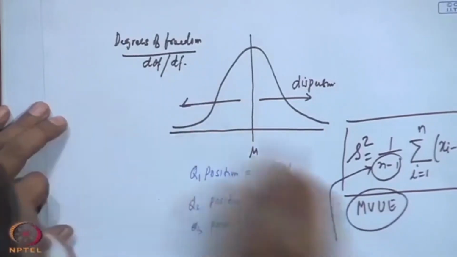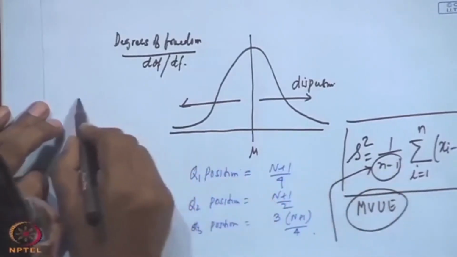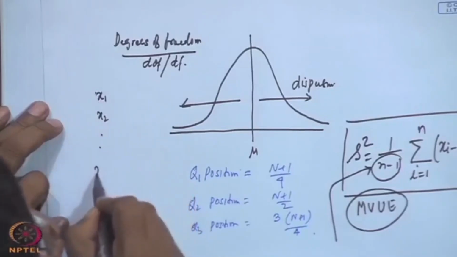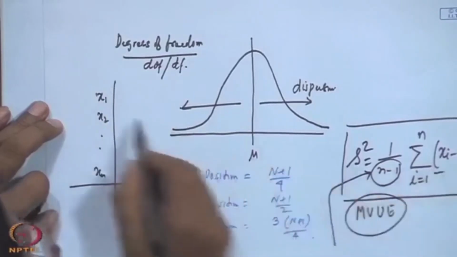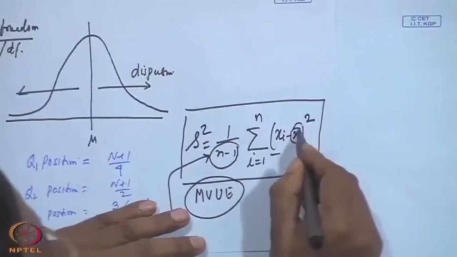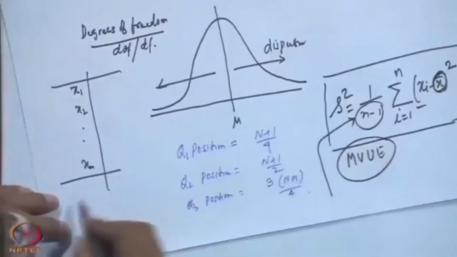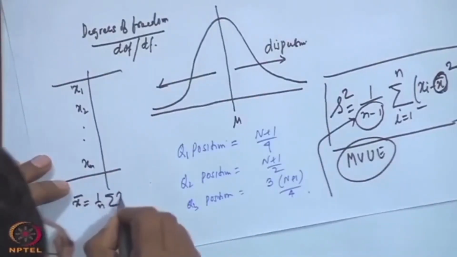In this case this n minus 1 is coming because of degrees of freedom, because you have n data points x1 to xn, and when you are computing this variance you require x bar to be computed.